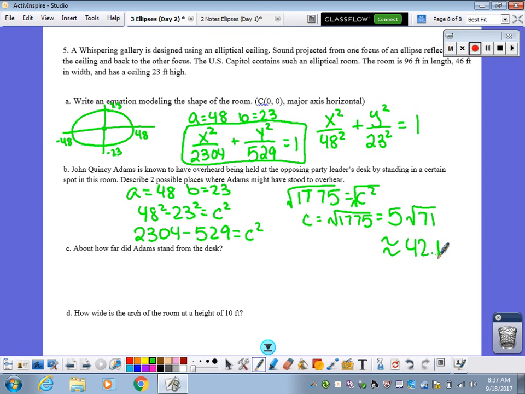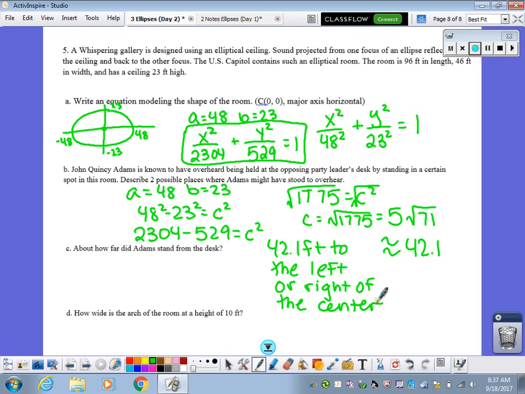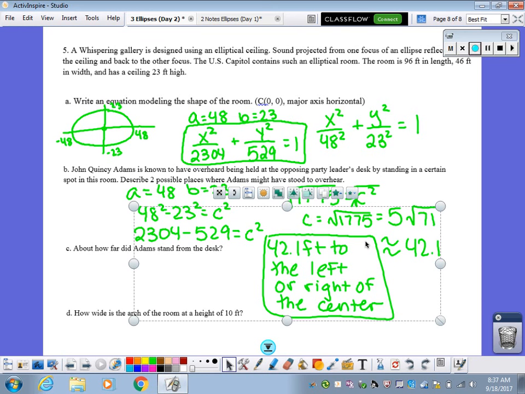So what our answer is going to be now is 42.1 feet to the left or right of the center. And that would be our answer for this part of the question.